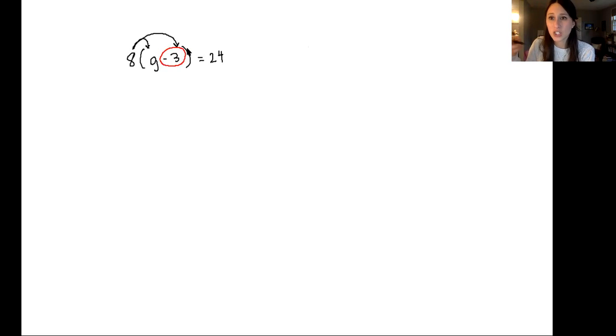The sign, the positive or negative sign, becomes the operation. So 8 times g is 8g. 8 times -3 is -24. That equals 24.